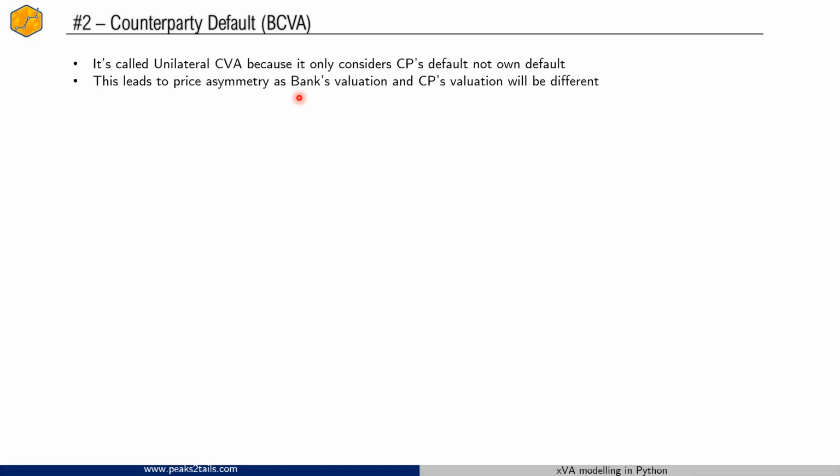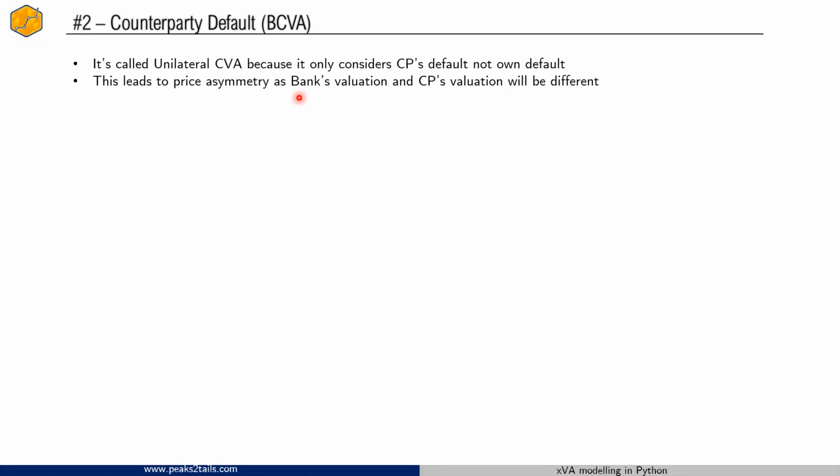It is the same instrument, but two parties will be valuing it differently, because the bank will adjust the CVA reflecting the counterparty's default risk. The counterparty will adjust CVA reflecting the bank's default risk. Since the CVA valuations will be different because both have different PD term structures, recovery rates, everything, the price is asymmetrical. They cannot come to an agreement.